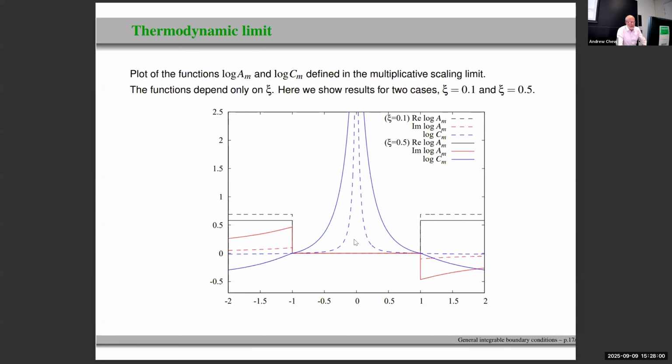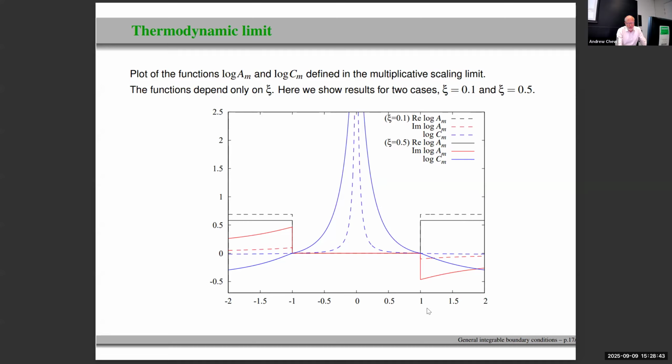And here are pictures of these functions in this multiplicative scaling limit for different values of psi, 0.1, 0.5. So these functions, in the multiplicative scaling limit, do not depend on any boundary fields any longer. They only depend on the angle between the boundary fields. And you see, instead of having a function c that has a 0 of second order for spectral parameter 0, we have now a pole of second order.